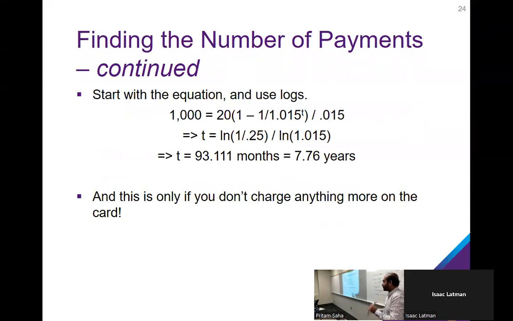Any idea how we can do it without the function calculator? If you want to do it without the function calculator, we have to use the present value formula, which is 1000. Let's go back to the present value formula.